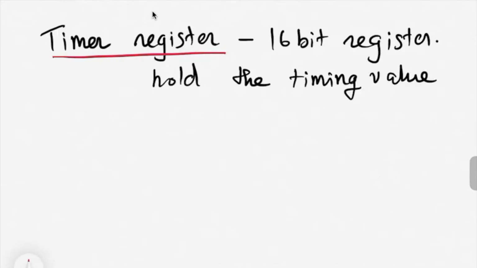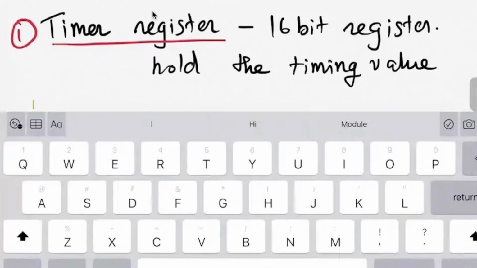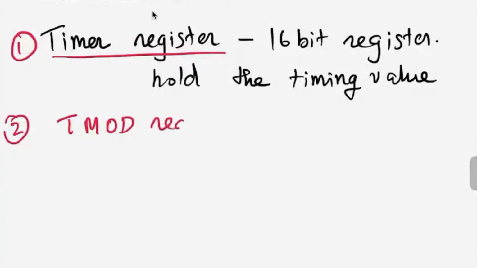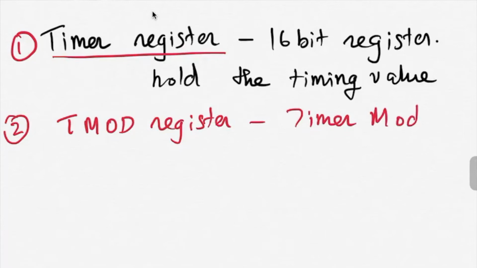So this is number 1. The second register you must remember is the TMOD register. Remember, this is timer mode. This will give you the kind of operations and some sort of controls for this timer.